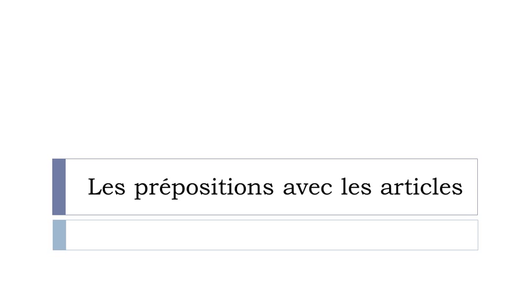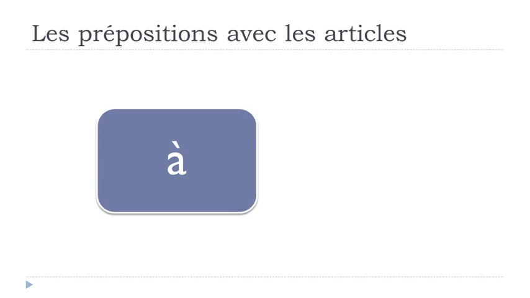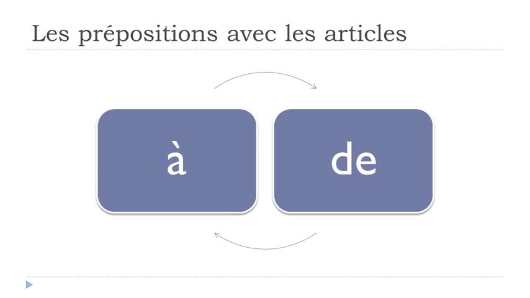Okay, so first here in this video we'll work on à and then de, and especially when you combine these two prepositions with articles. So we'll see first the indefinite, so les articles indéfinis, un, une, des.